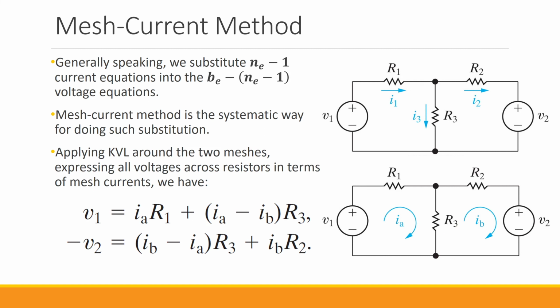So we apply KVL around the two meshes, expressing all voltages across resistors in terms of mesh currents. And these are the two equations that we come up with by applying the mesh current method.